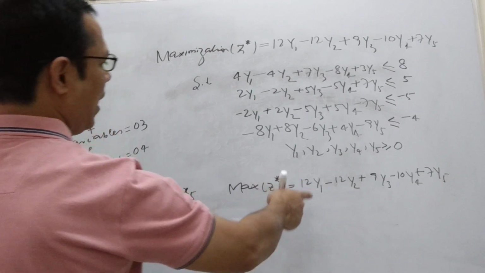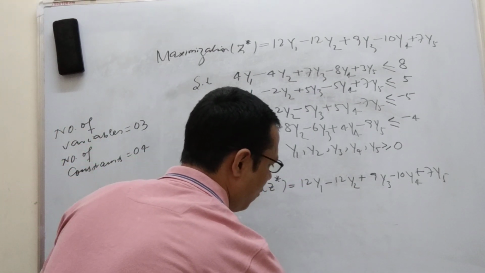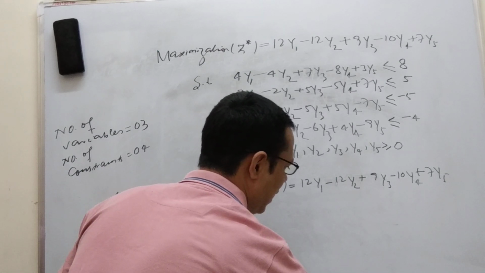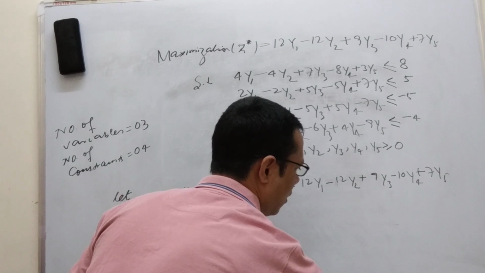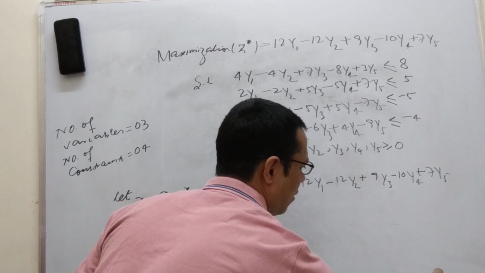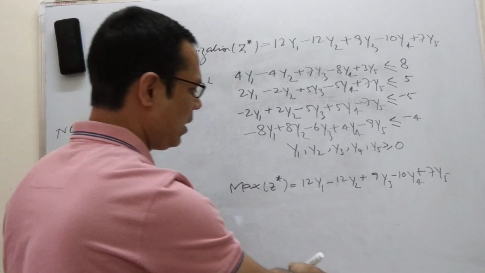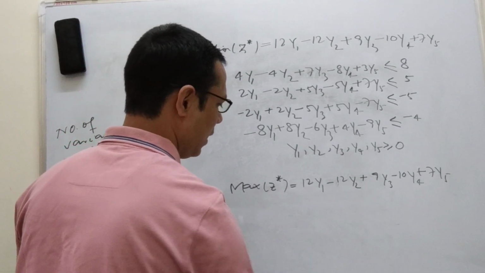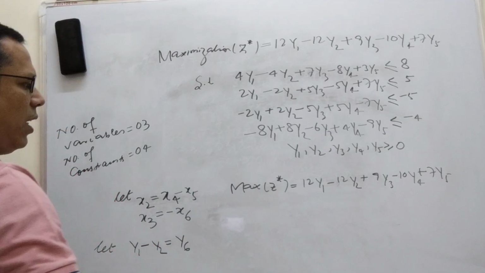So here the condition over y6: you will find y6 is unrestricted in sign, first condition. And next we'll see if there is any other replacement.